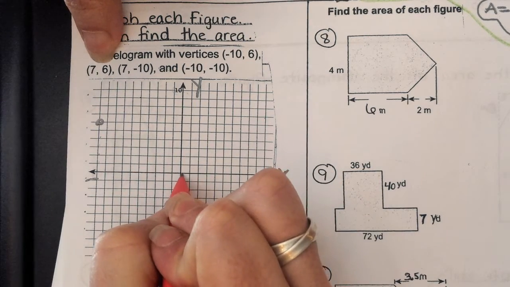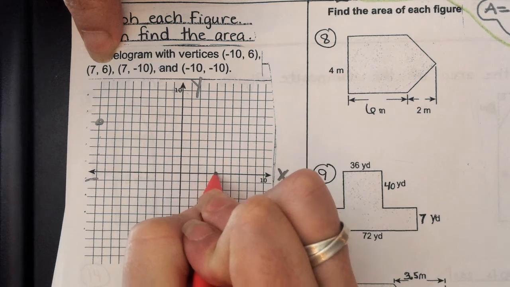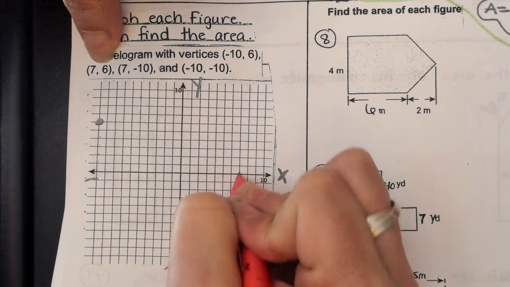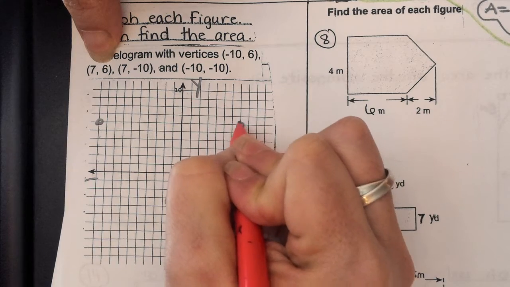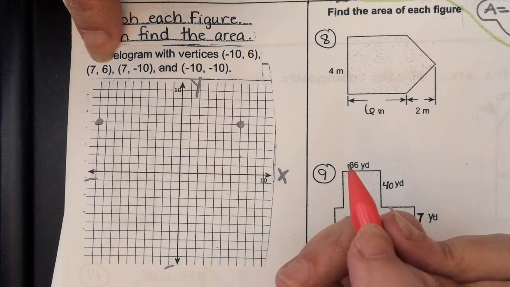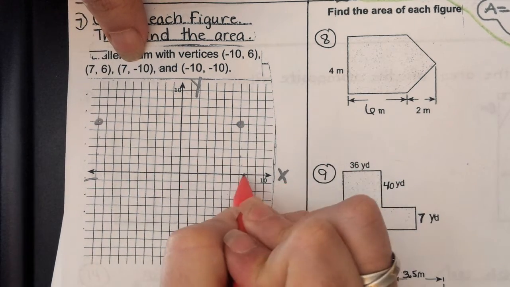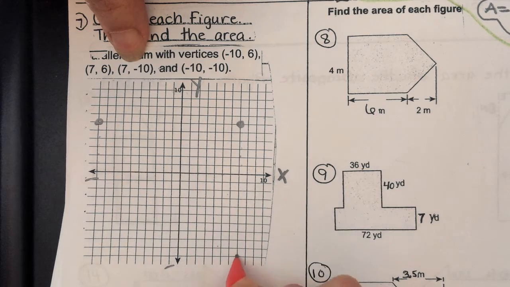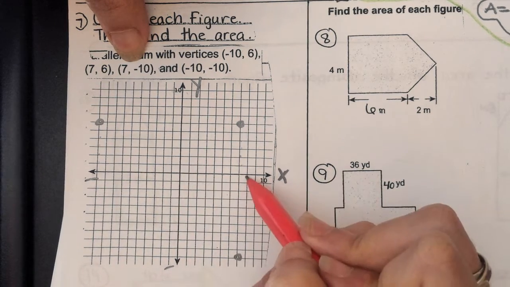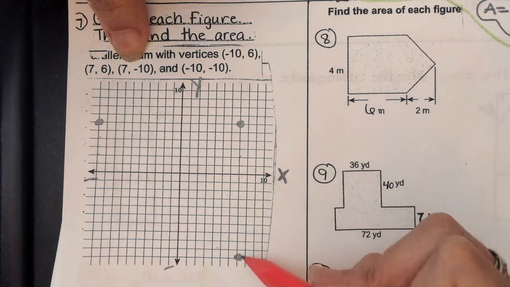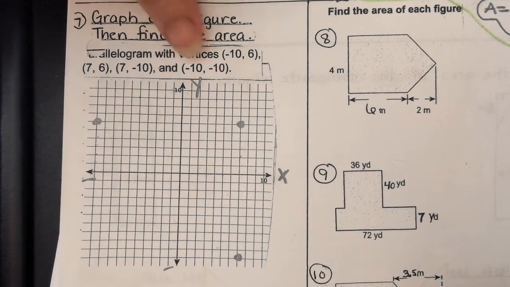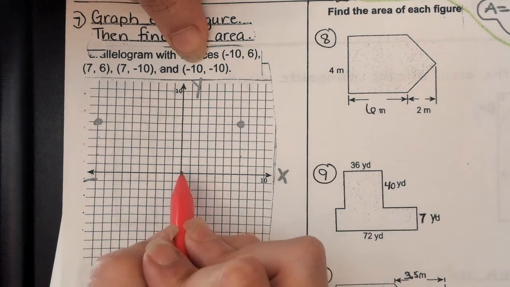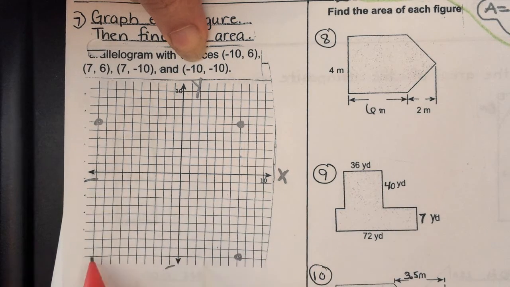Going over positive 7 and then up 6. Positive 7, 10. Noticing that if they're both on a 7, they should be straight up and down the same line. Okay, and negative 10 and 10.